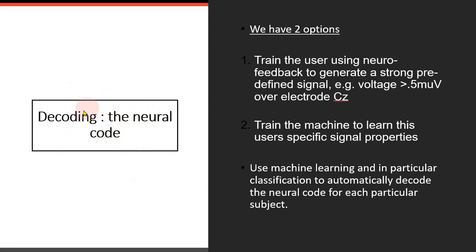So machine learning allows us to shift the burden of human learning, right? Instead of training a human to generate some signal to control a BCI application, we can train the machine.